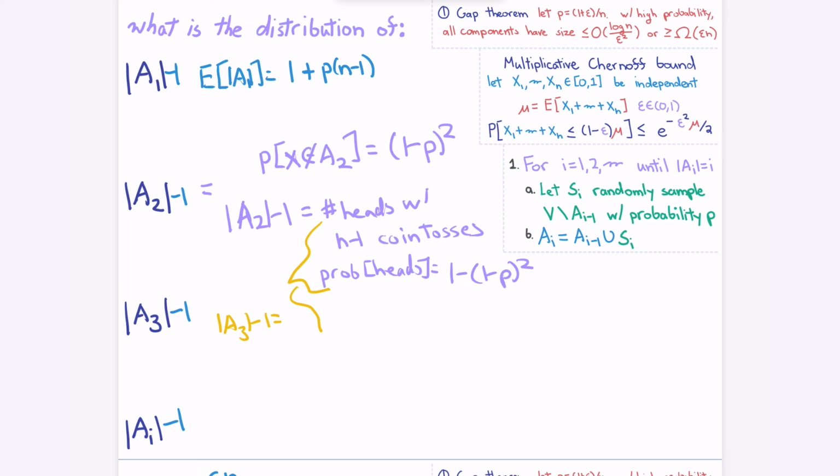What changes? This part becomes 1 minus (1 minus p) cubed, because it means in 3 straight rounds you didn't get any edge to the existing set. In general, if you were looking at the ith round, this becomes 1 minus (1 minus p) to the I.